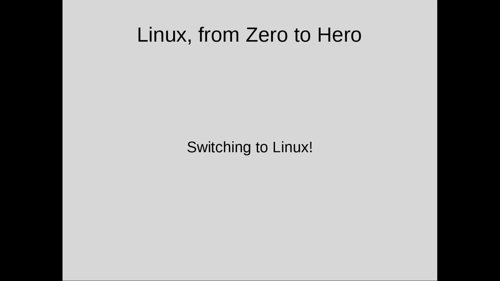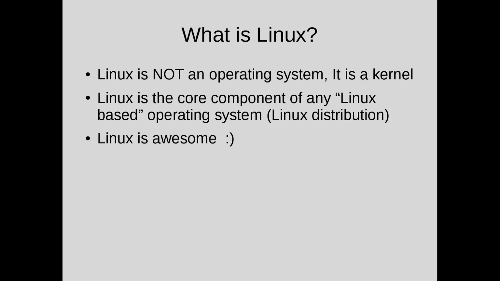What exactly is Linux? Well, first, Linux is not an operating system. It is a kernel. Many operating systems are based on Linux and use Linux, but they are not themselves Linux. Android is not Linux. It uses the Linux kernel. So that's the first big point about Linux.